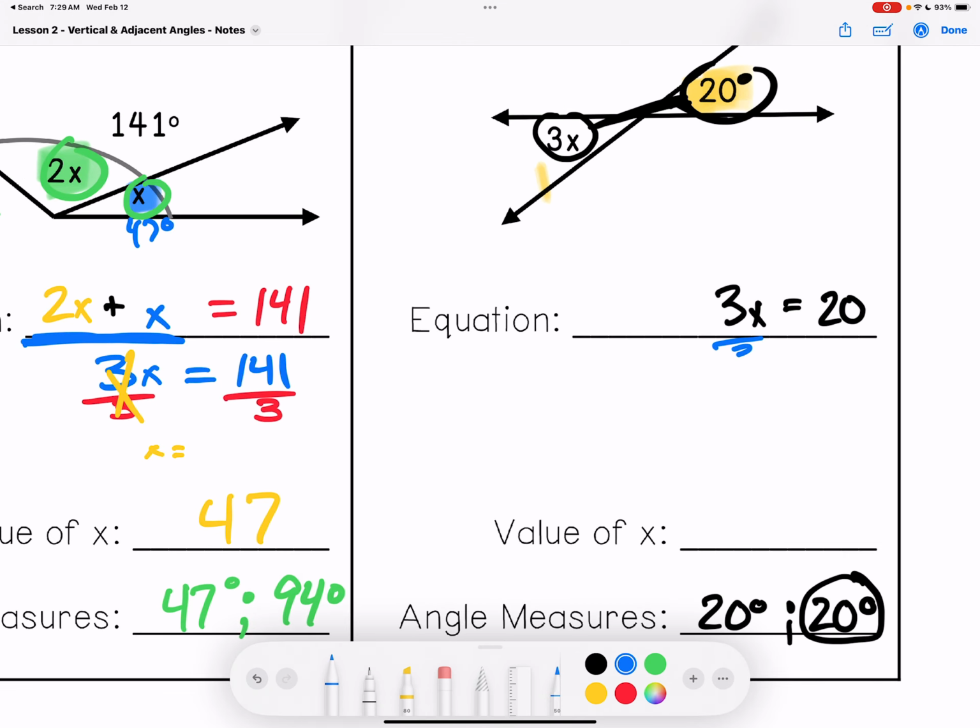So I'm going to divide by 3, and you're going to get x equals 6.6 repeating. So what is the value of x? It is 6.6 repeating.